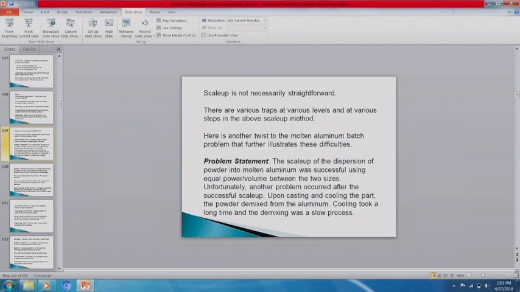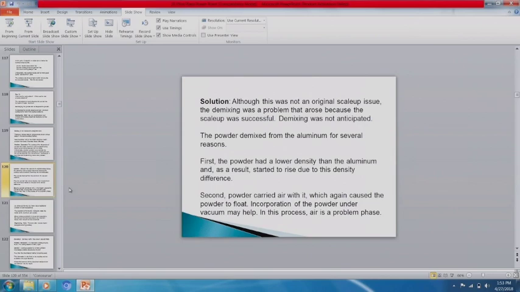Cooling took a long time, and allowed the powder to either rise to the top or settle to the bottom, which can be referred to as demixing. So although this wasn't a scale-up issue initially, it's now become a problem. It became a problem because we were successful. Demixing was not anticipated.